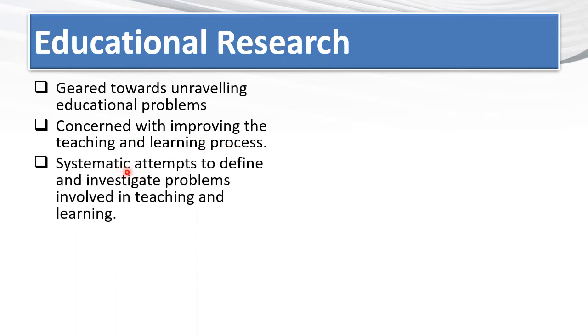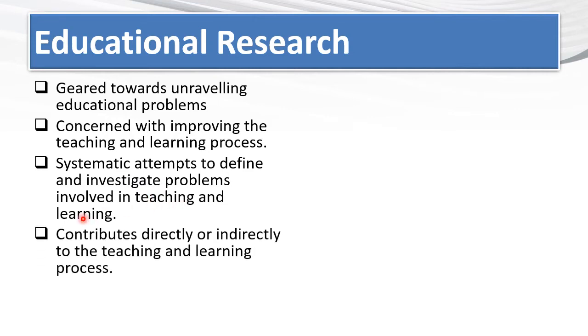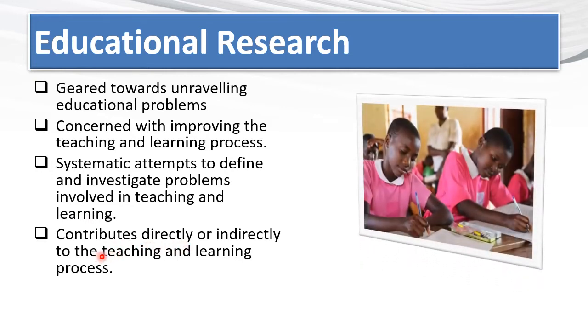It deals with the systematic attempts to define and investigate problems involving teaching and learning. It also contributes directly or indirectly to the teaching and learning process. So, educational research just revolves around the school, around the classroom, around the teaching and learning process.